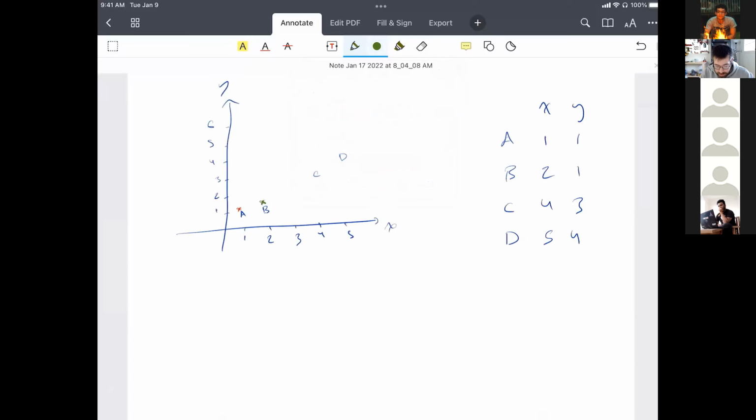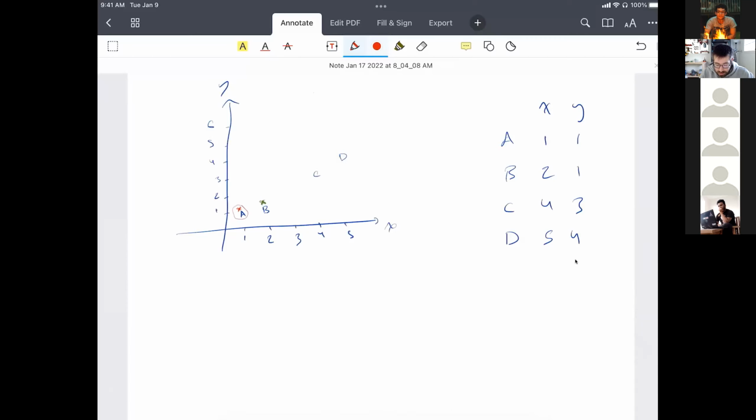So now the first step is to find for each point which cluster it belongs to based on the centers we have. So A, which cluster does it belong to? The red one, because it is the center of its own cluster, so it is the nearest to this cluster.